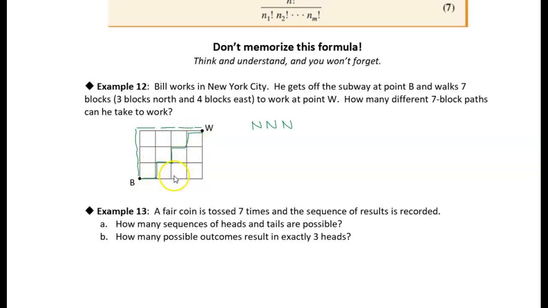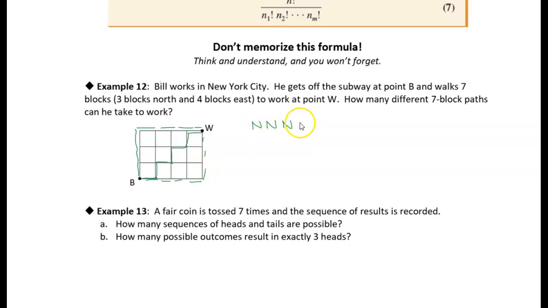You know, he could do it that way. He could go east, east, east, east, and then north, north, north. But he's got to have some combination of 3 northerly paths and 4 easterly paths to get there, in any order he really wants to.